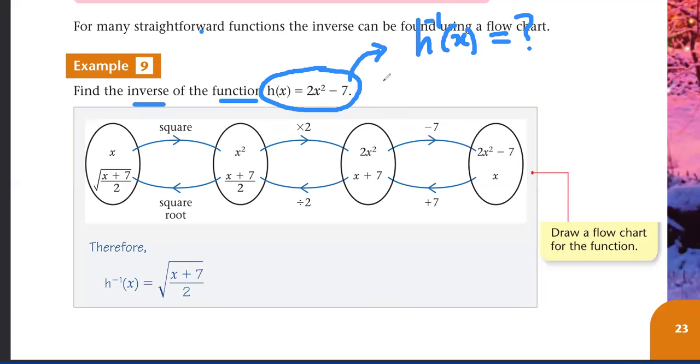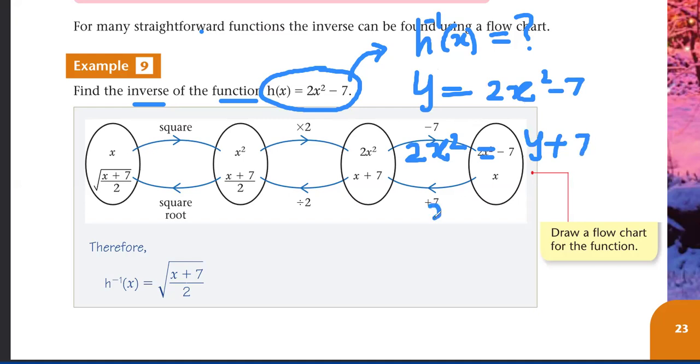For that, we use like this. Say y equals 2x squared minus 7. Then we want to make x the subject first. Then 2x squared equals y plus 7 now.